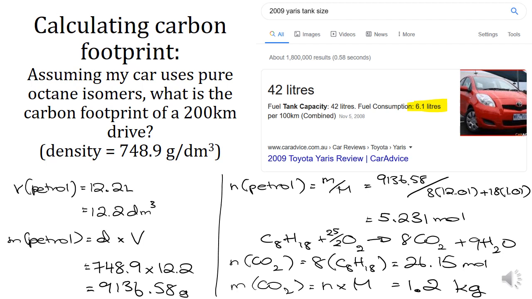So if I go 8 times the moles, that makes not 26.15 moles, but 41.85 mole, which ends up, when I multiply that by the molar mass of carbon dioxide, CO2, with not 1.2, but 1.8 kilograms. So that is the carbon footprint of me taking a 200k drive in my car.